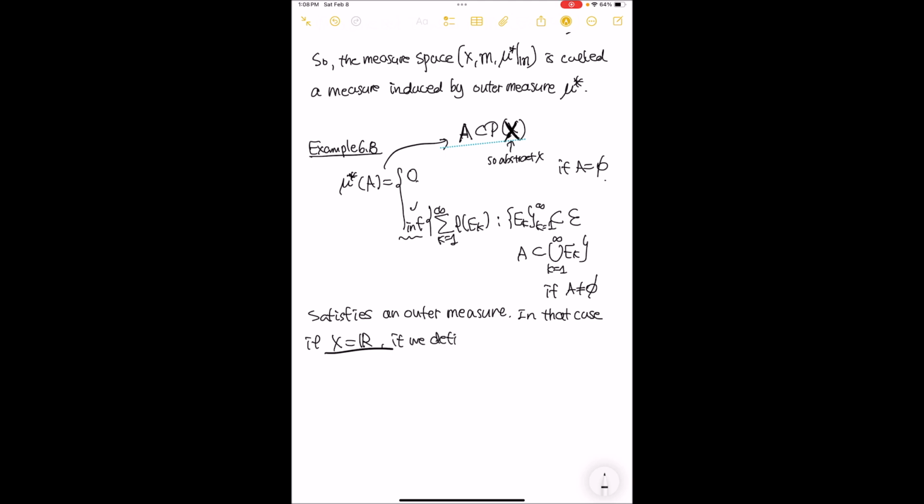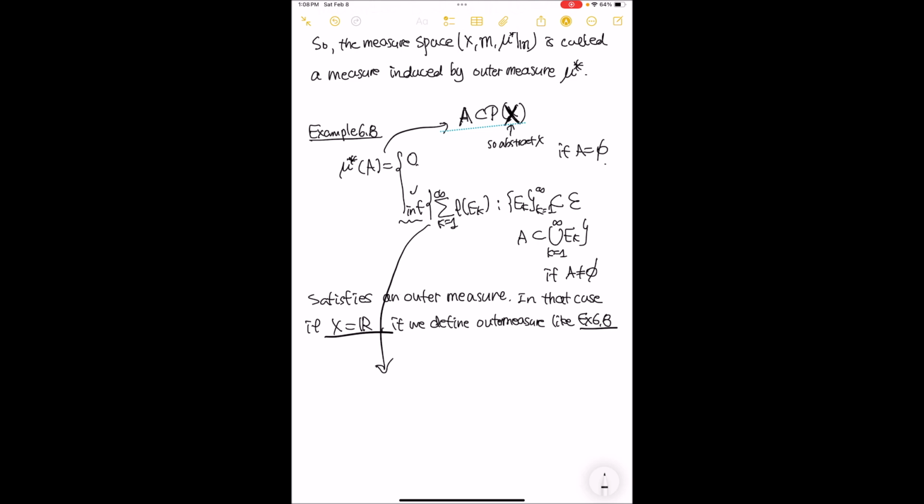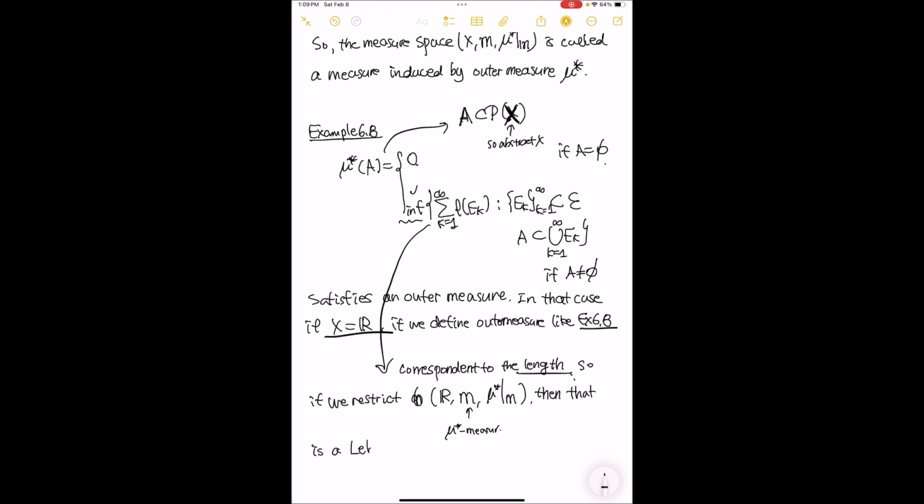And if we define the outer measure like example 6.8, corresponding to the ranks, then if we restrict to R, we can define the mu star measurable sets, and mu star on M is the Lebesgue measure space.